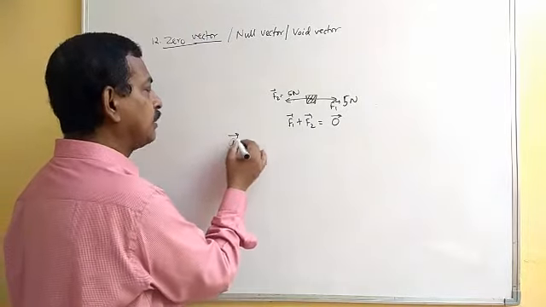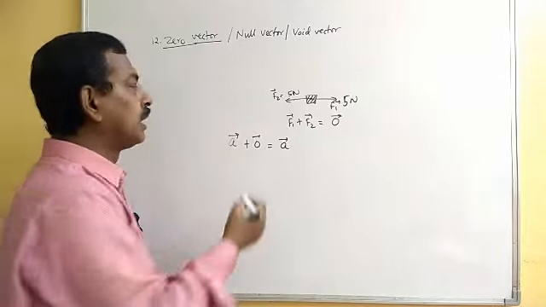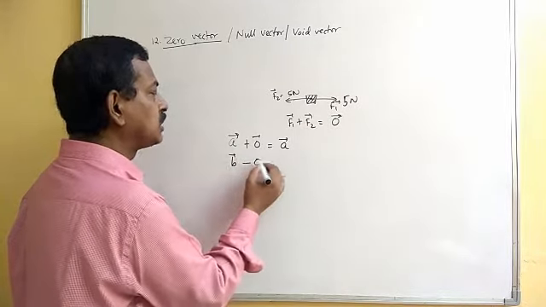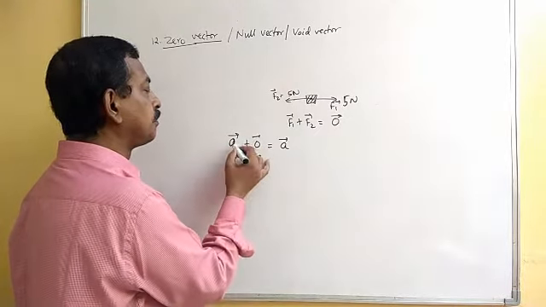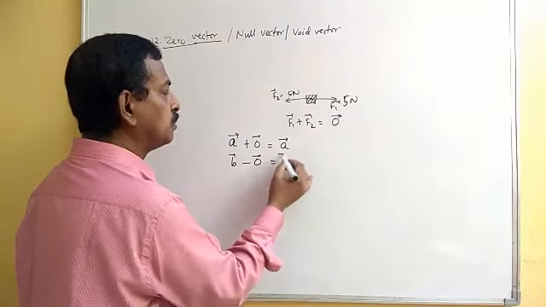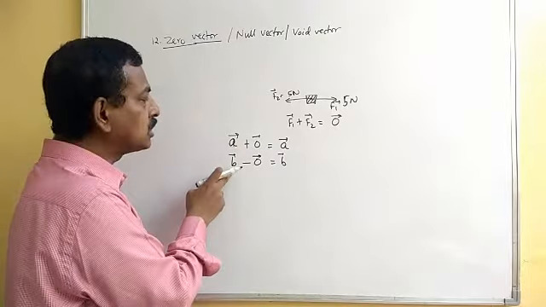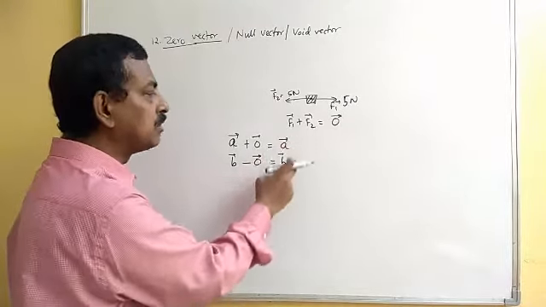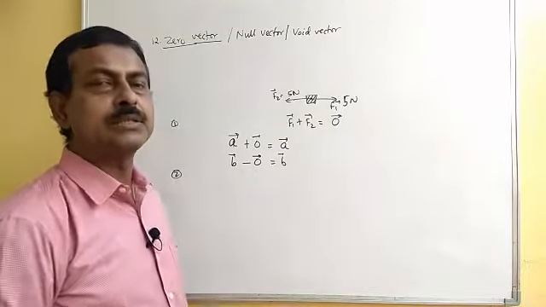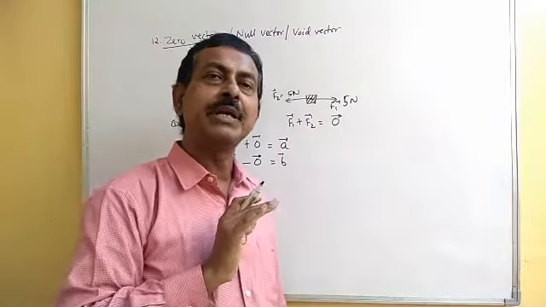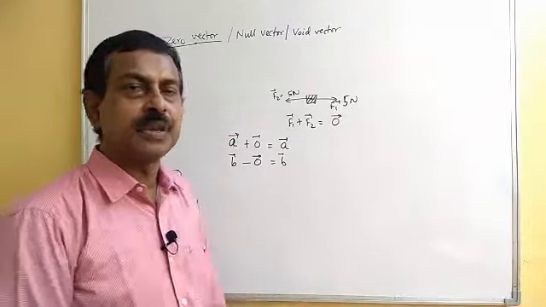That means if you have a vector A and you add the zero vector to that, it will remain vector A. If you have vector B and from that you subtract the zero vector, it will remain vector B. So a zero vector when added to or subtracted from a given vector leaves the vector unchanged. This is the first property. The second property is that the zero vector does not have any specified direction. The zero vector can be in any direction.